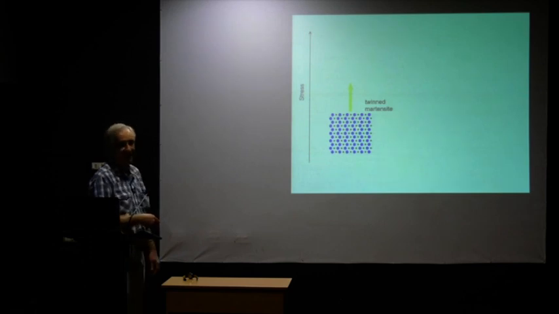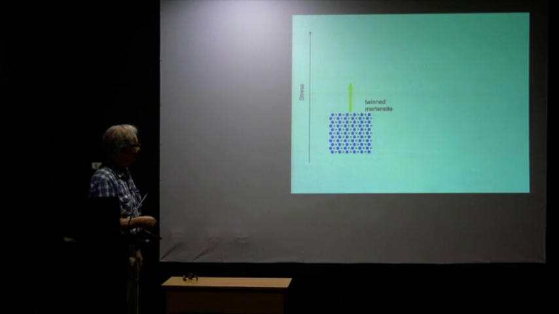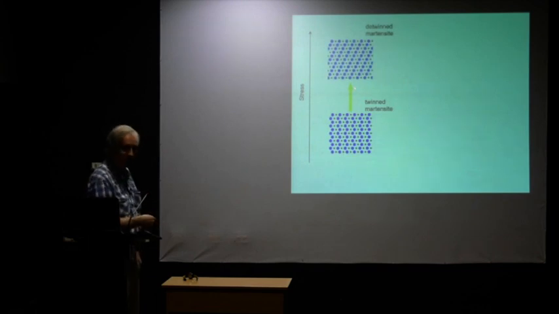So anyhow, what did we have yesterday? We had our twin martensite in the martensite state, and then by applying stress to this, that is, just bending the wire here and there, we could detwin this.